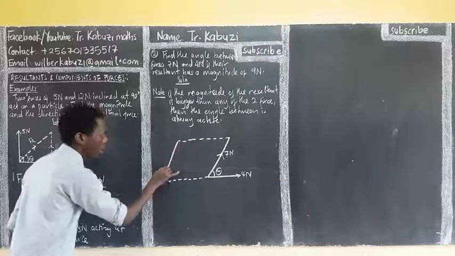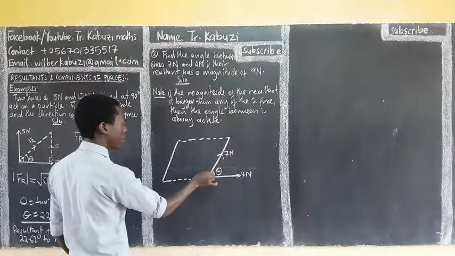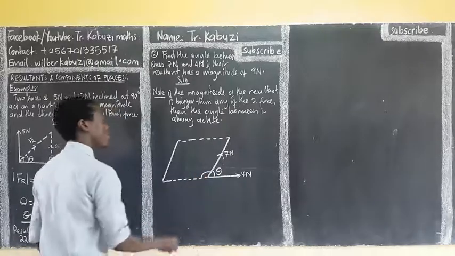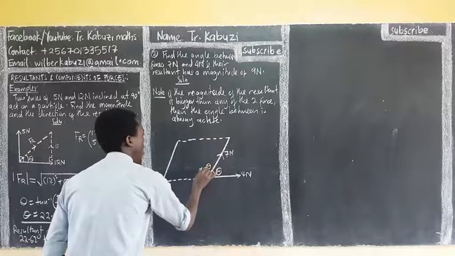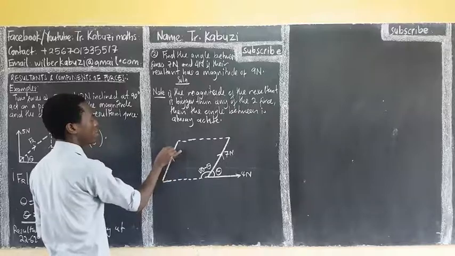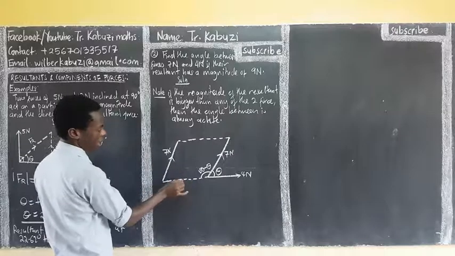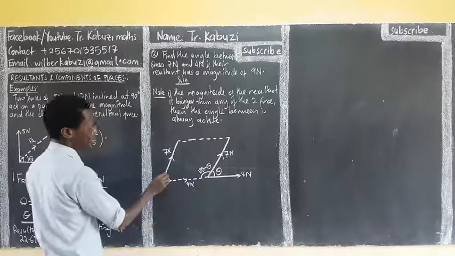So you see that now this angle here is going to be 180 minus theta. They are giving us that this one is our 7 newtons force, and this one here is our 4 newtons force because it's the same force.